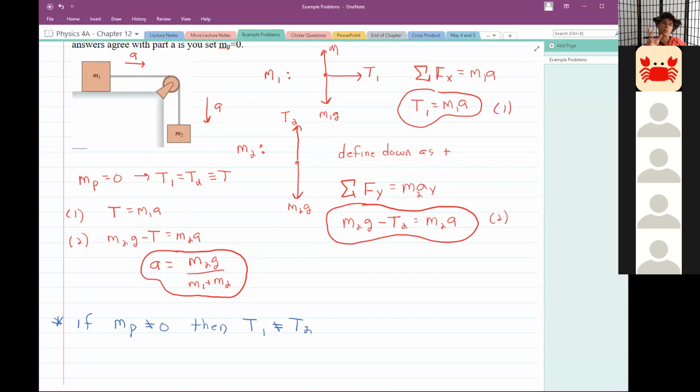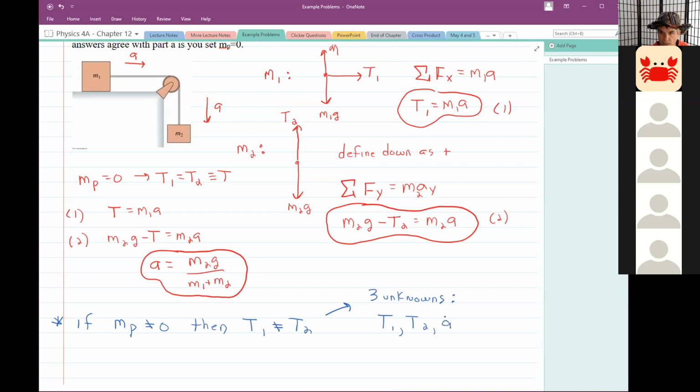When the mass of the pulley was 0, I only had 2 unknowns. I had the tension, which was the same for both, and I had the linear acceleration. Well, now if the mass of the pulley is not 0, then I actually have 3 unknowns. I don't know T1, I don't know T2, and I don't know the acceleration. 3 unknowns, I need 3 equations.